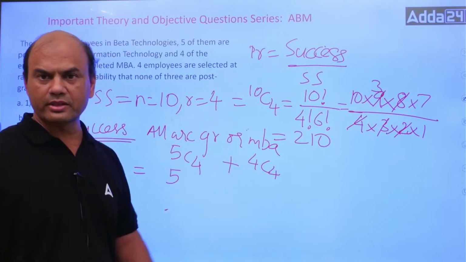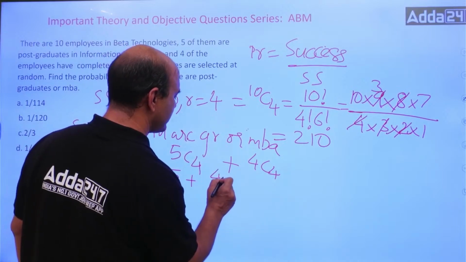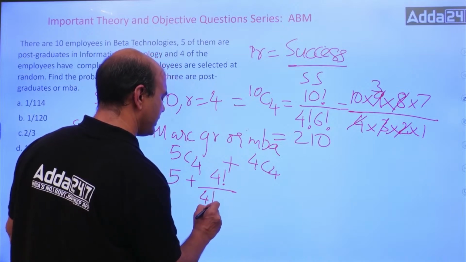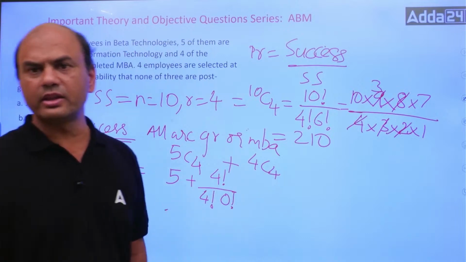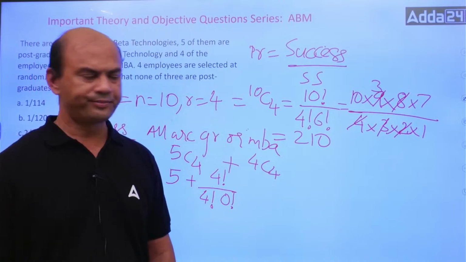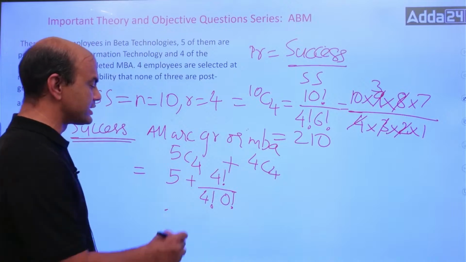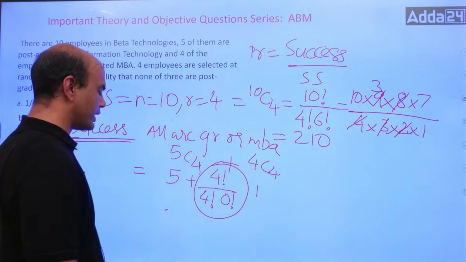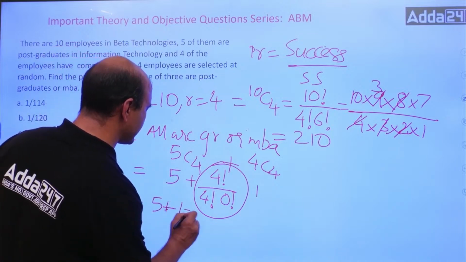This is a bit confusing, let me show you. 4C4 is 4 factorial divided by 4 factorial into 0 factorial. That is, N factorial divided by R factorial into N minus R factorial, with 4 minus 4. So this gets cancelled. 0 factorial is 1. So the answer for this is 1. So the answer is what? 5 plus 1, so that is equal to 6.